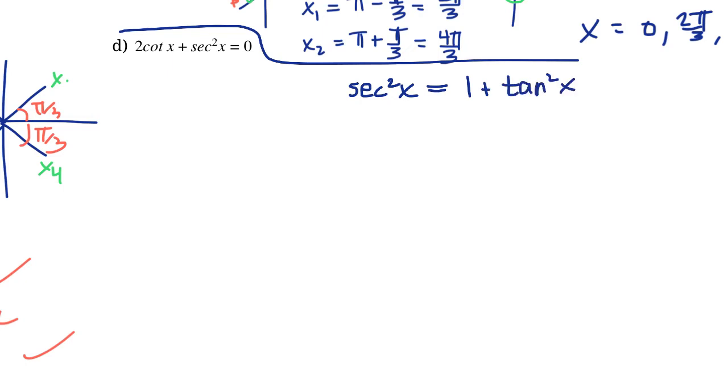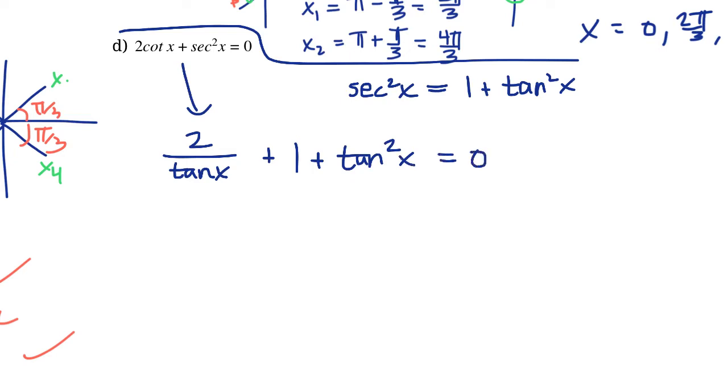So if we replace that secant squared x with a tan, right, and that cotangent with a tan, maybe we can do something with both those tans. I'm just going to write it down here to make a little bit more space. So 2 cotangent x is the same thing as saying 2 over tan x, right, plus 1 plus tan squared x equals 0.